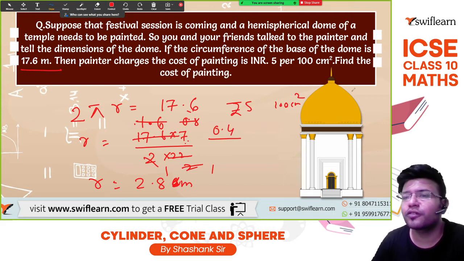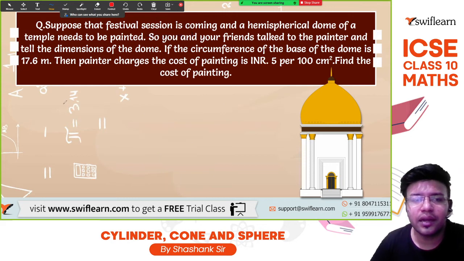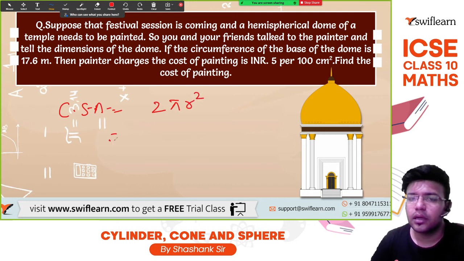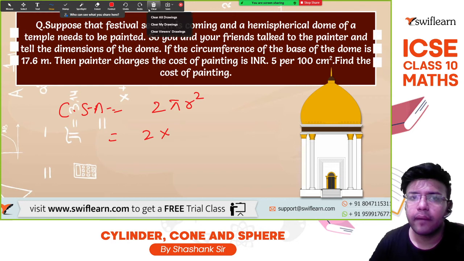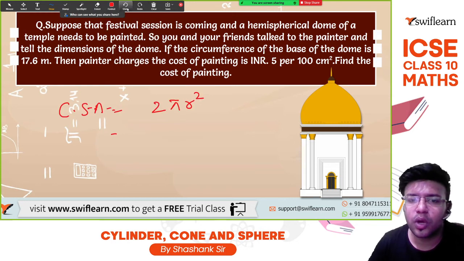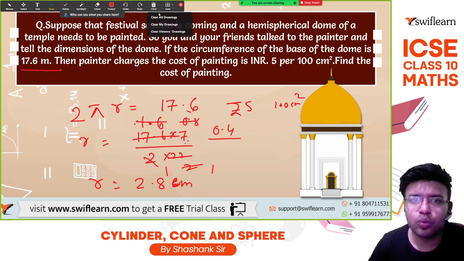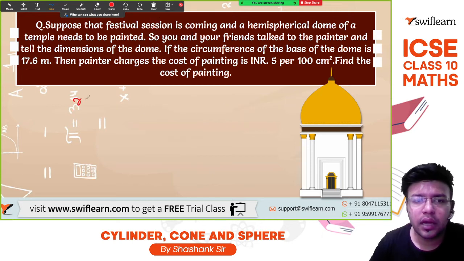Find the cost of the painting. So for the dome outside, the curved surface area of the dome is given by 2 pi r square. How much was the radius, how much did we find just now? R is equal to 2.8 meters.